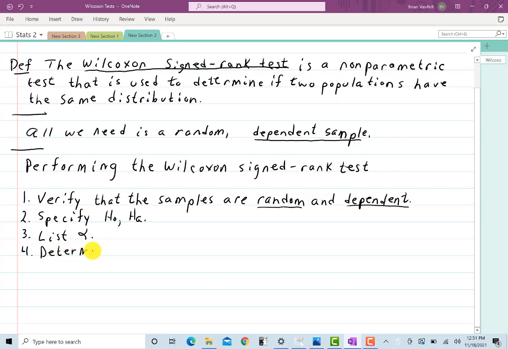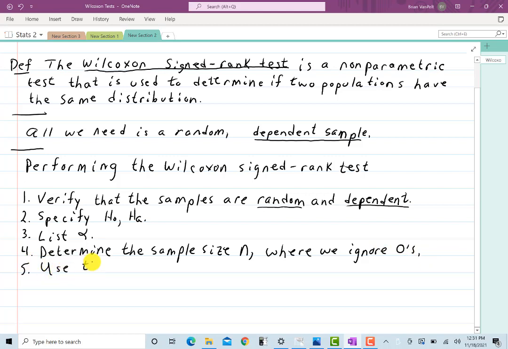Determine the sample size N, where we ignore zeros, sort of like what we were doing before.